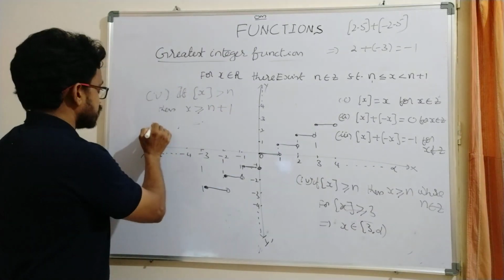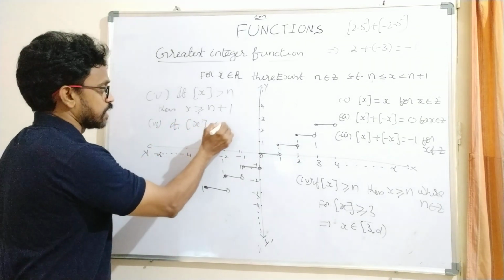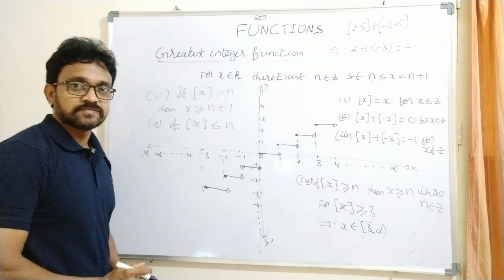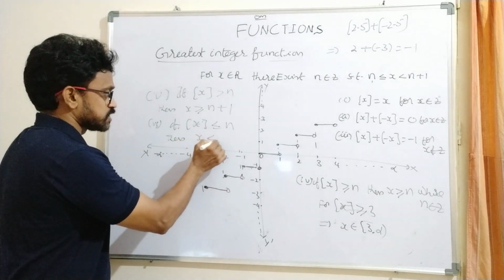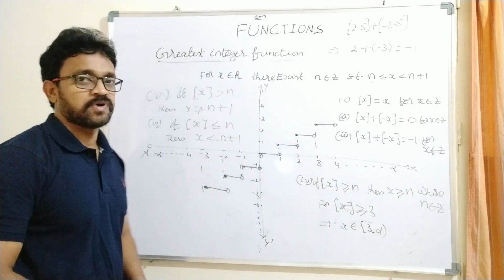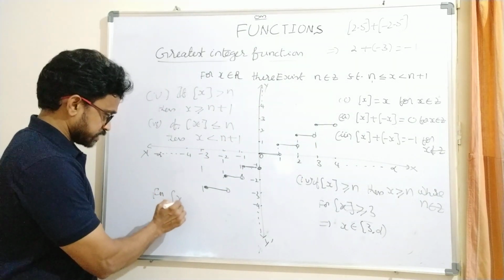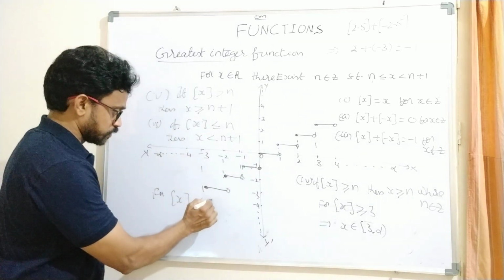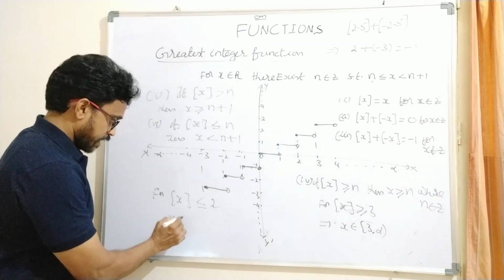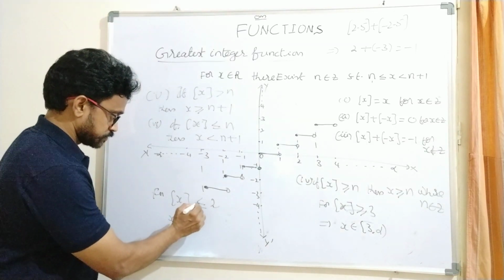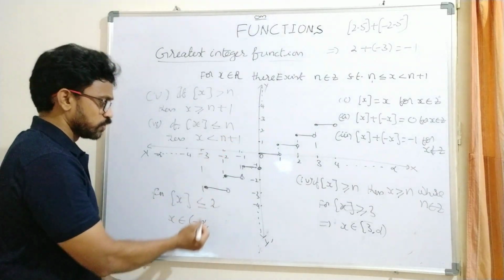And one more is if step x is less than or equal to n, then x is strictly less than n plus 1. For example, step x is less than or equal to 2, then what about x values? Very clear, x belongs to the open interval minus infinity comma 2 plus 1, that is 3.